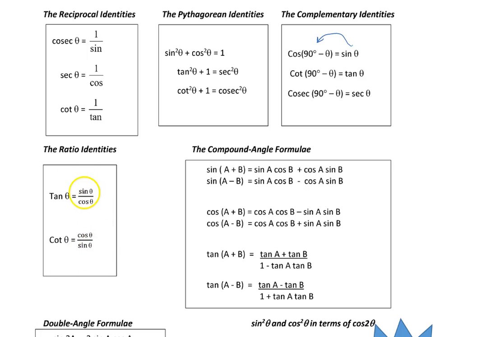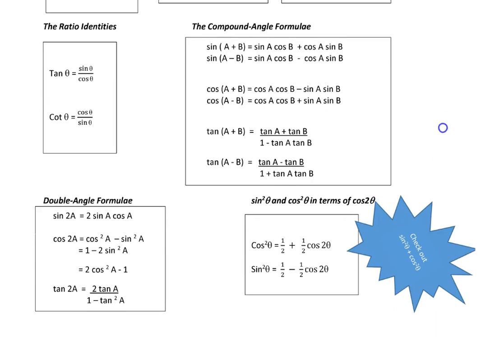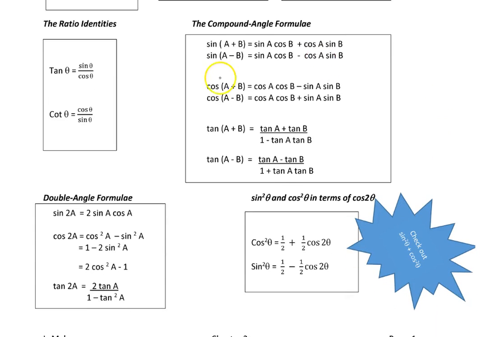So I need to introduce it because I can see that it appears later on. I think you would be becoming familiar with the ratio identities. Compound angles, now they're new, but they are on the reference sheet, so that should help with those. And again, they do look fairly obvious when you see these situations in a question, so they become fairly easy to know when to use them.